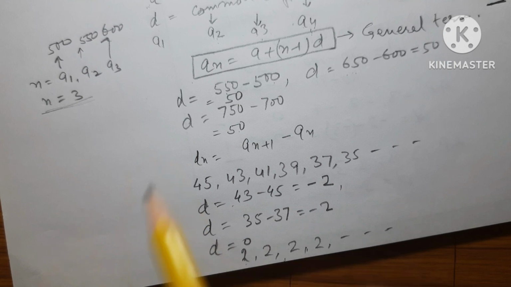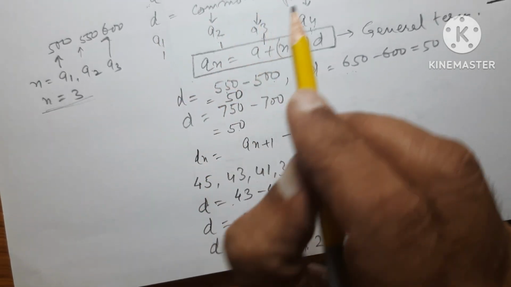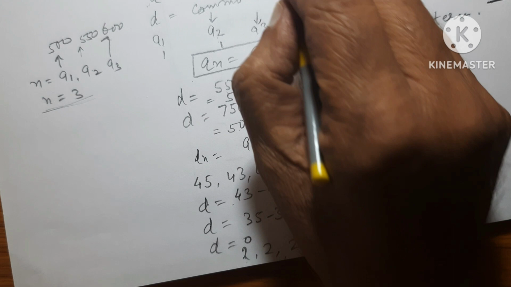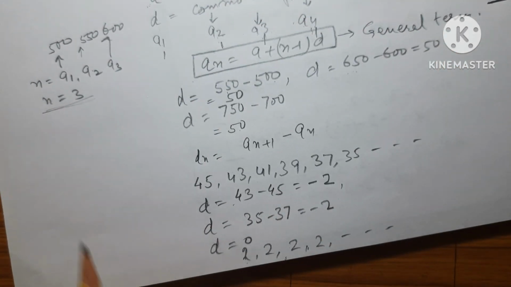That means number of terms इसमें 10 है. ये पहली टर्म है, ये सेकंड टर्म है, ये थर्ड टर्म है, ये फोर्थ टर्म है. वैल्यू कितनी है? 650, 600, 550.